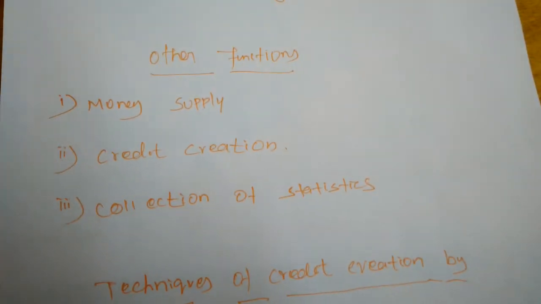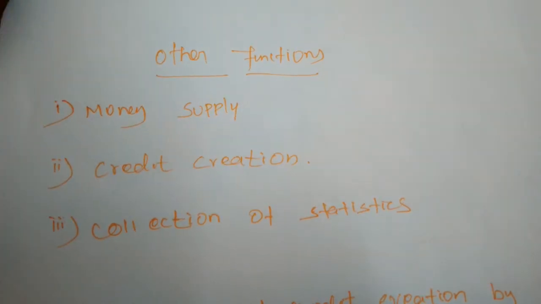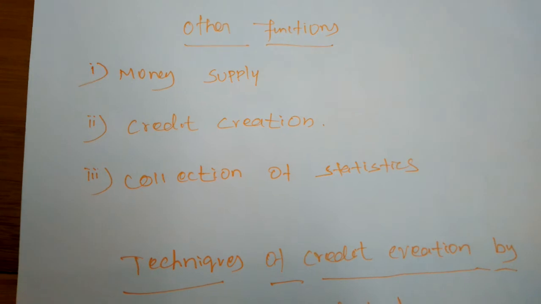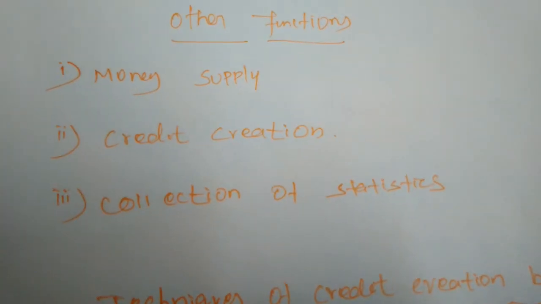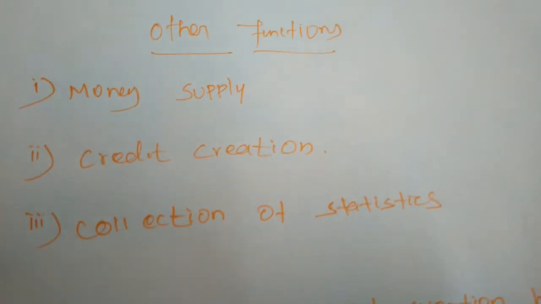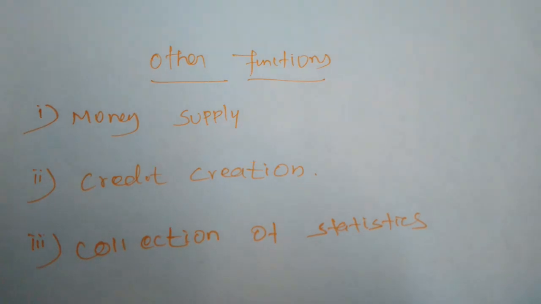Next, other functions. Under the other functions, commercial banks in India perform money supply. It is one of the important functions of commercial banks, which helps in increasing the money supply.